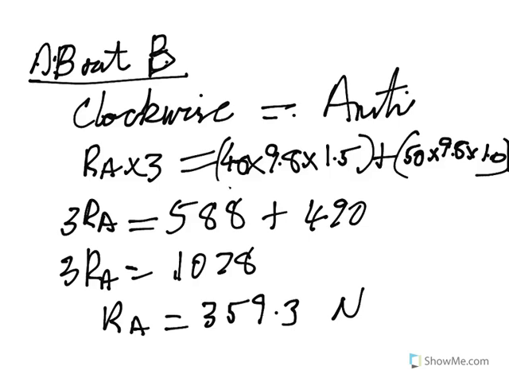We're also asked in the question for the reaction at support B. Again, we can do the torque about A, and I've done that in the notes, but what we can actually do is say force up equals force down.